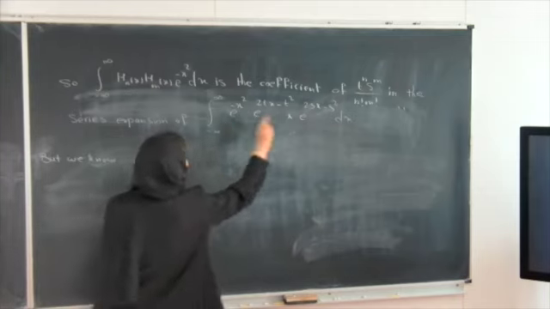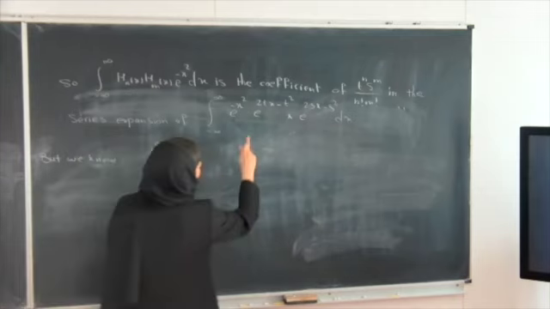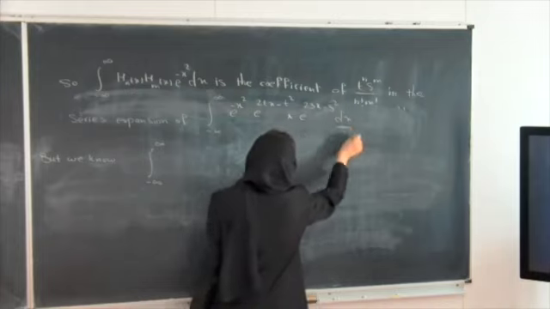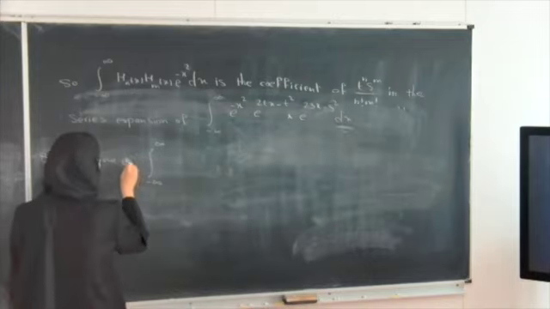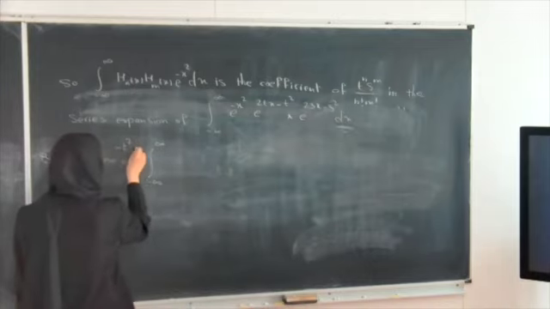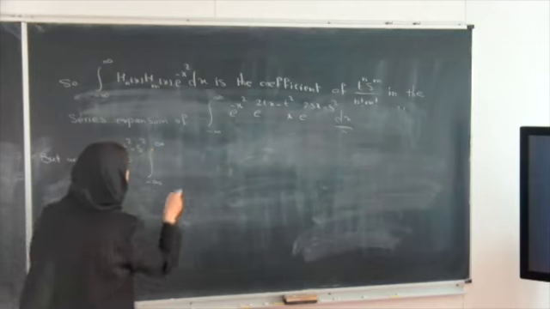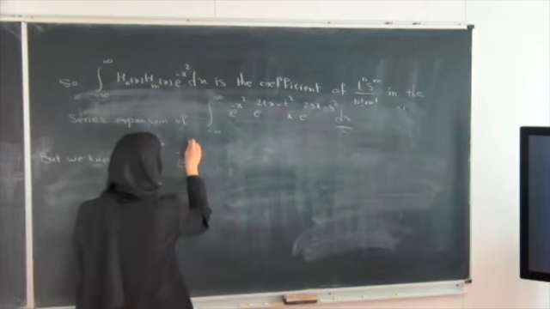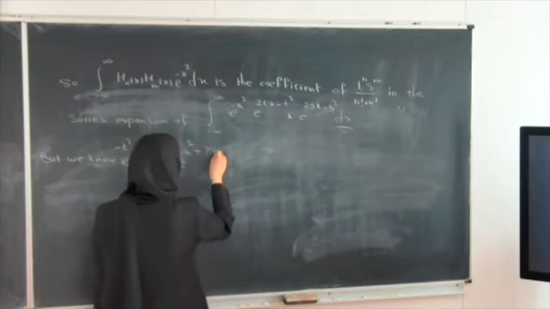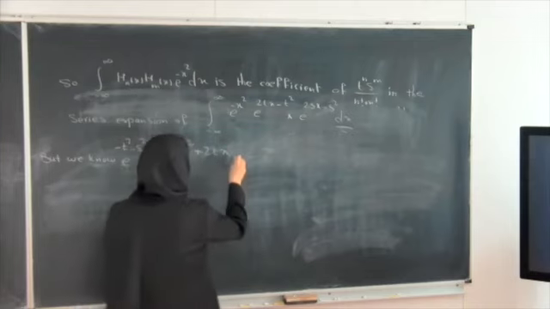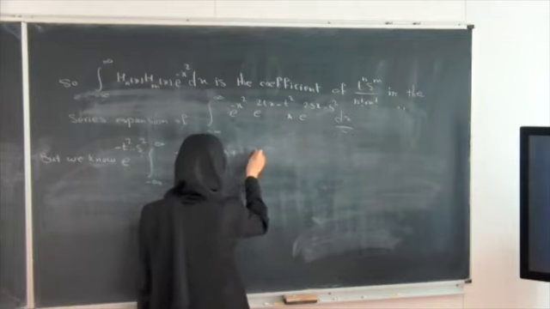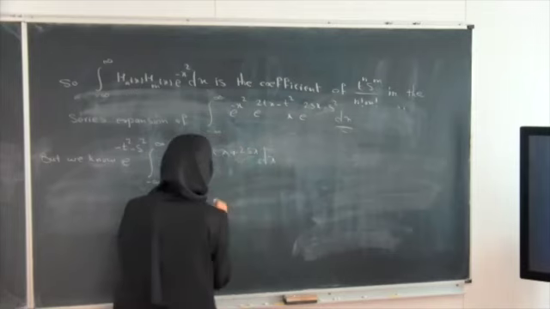We can write this integral in this form: e to the minus x² plus 2tx plus 2sx dx.